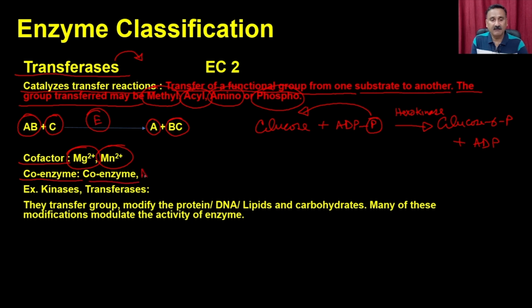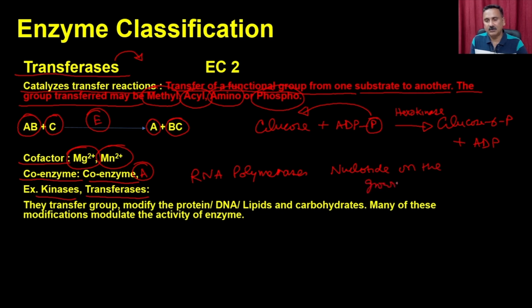Coenzyme A, for example, is a very classical coenzyme which participates in the acyl transferases. Examples are kinases, transferases, and some of the RNA polymerases. RNA polymerase is also a transferase because it is transferring the nucleotide onto the growing RNA chain.